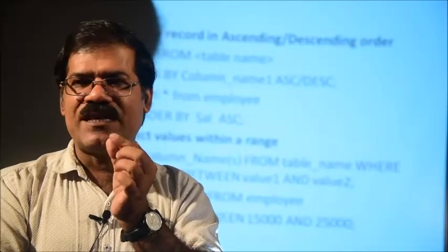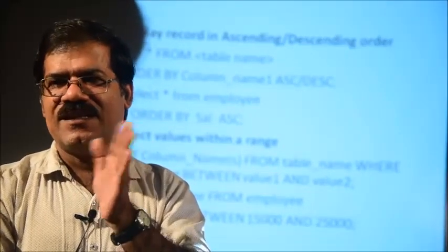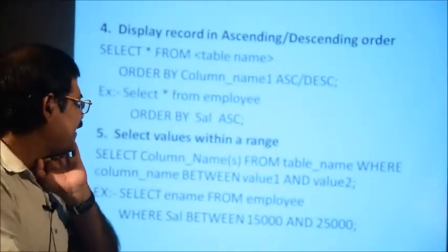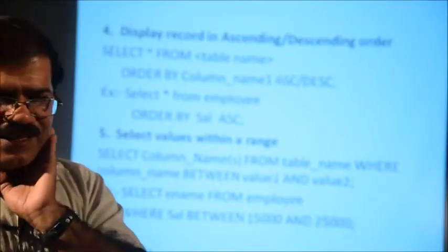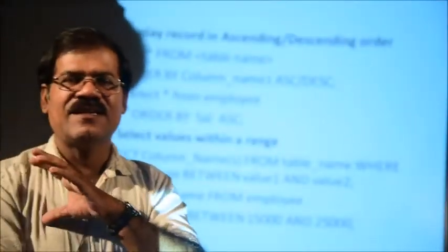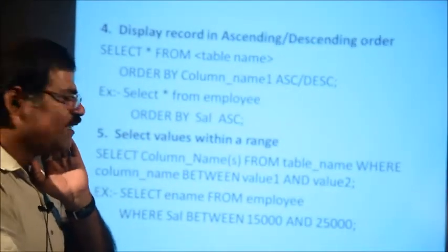So the employee who has less salary, that record will be shown first, then the next higher, then the next, increasing order. Ascending means increasing order. Low salary record will be shown first, then the next higher salary, and so on, the records will be shown like that.